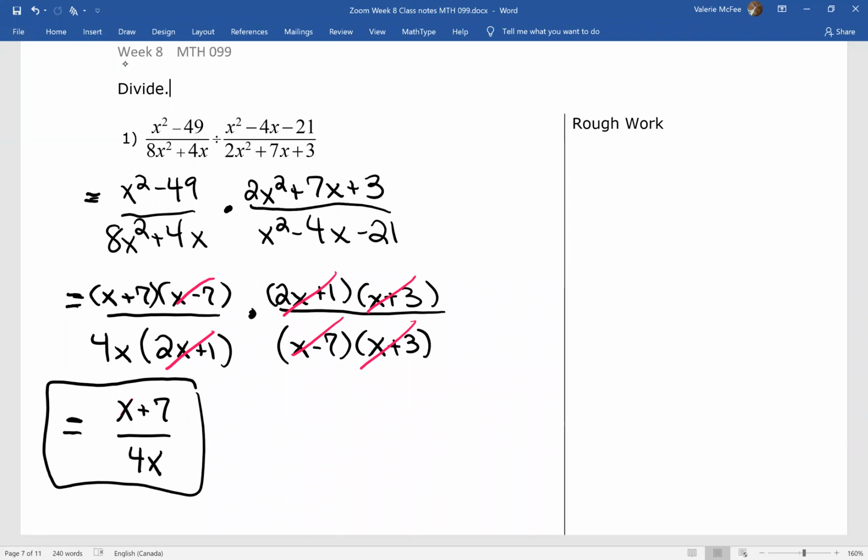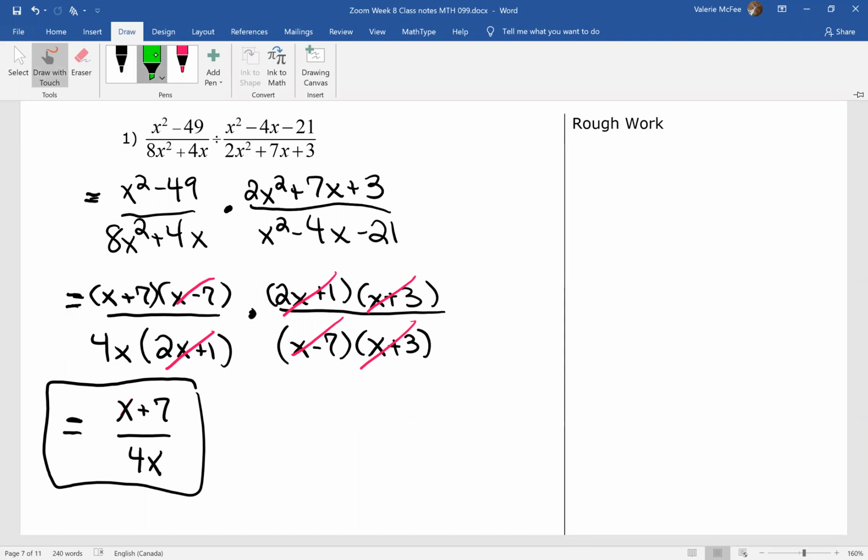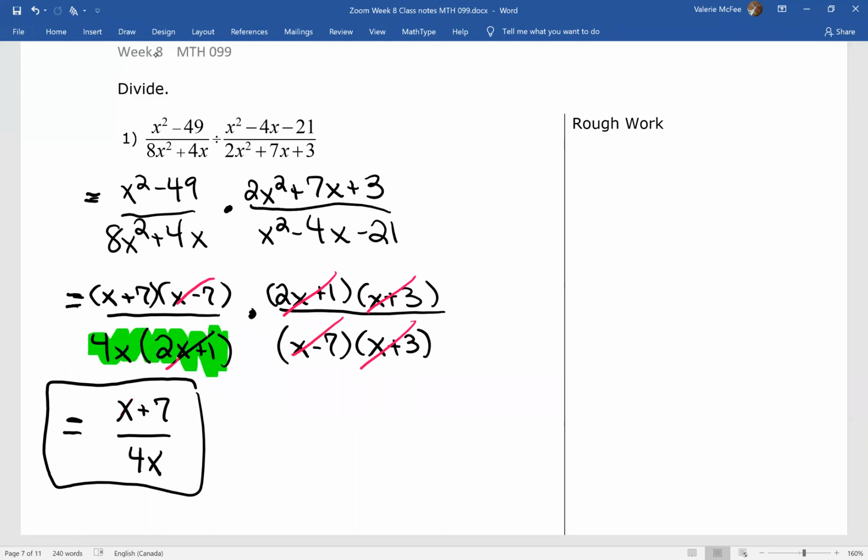If you haven't stated your restrictions yet, pause the video and do so now. Remember, for the restrictions, we're looking at B, C, and D.